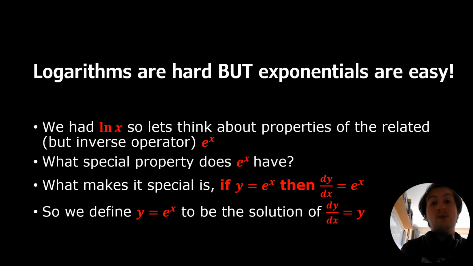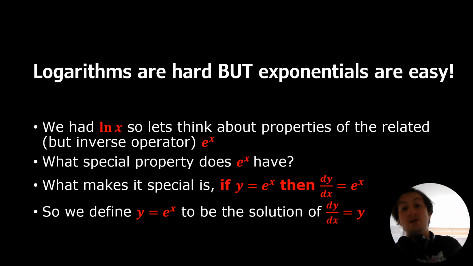So because of this, we can actually define y equals e to the x to be the solution of the differential equation dy by dx is equal to y. That's because if y is e to the x, then dy by dx is equal to e to the x, but e to the x we've just defined to be y.